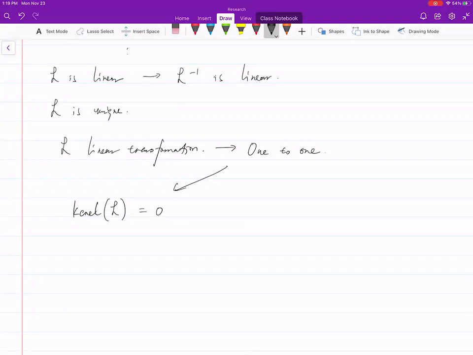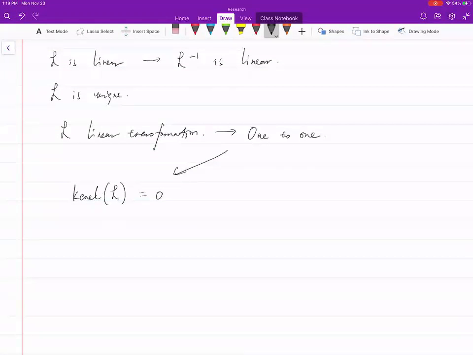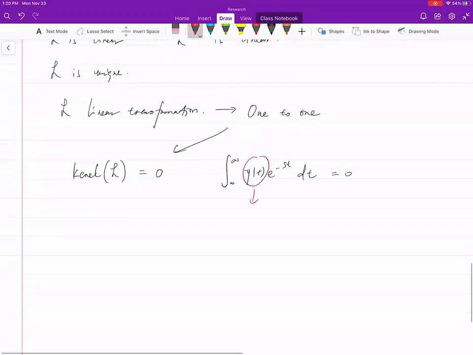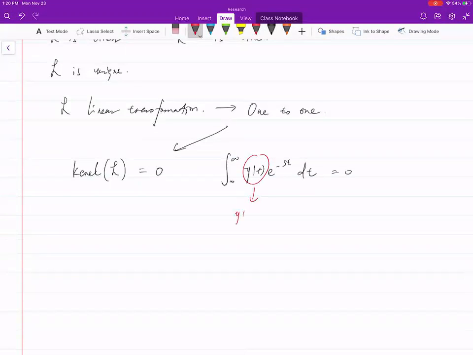Now, if you think about this, that's very interesting to see, because what kind of function if you put into the Laplace transform will give you 0? Due to the non-negative property of e to the negative st, this yt has to be 0. We won't prove this, but this is why.